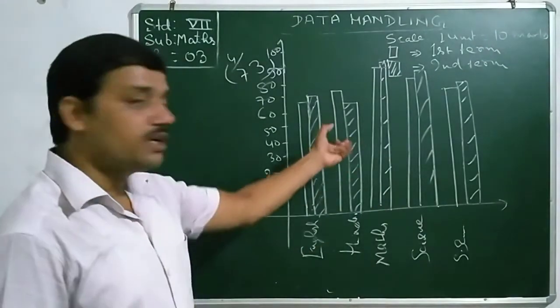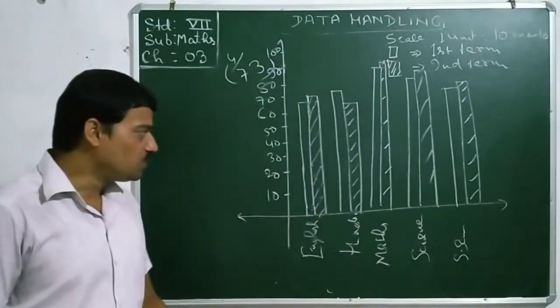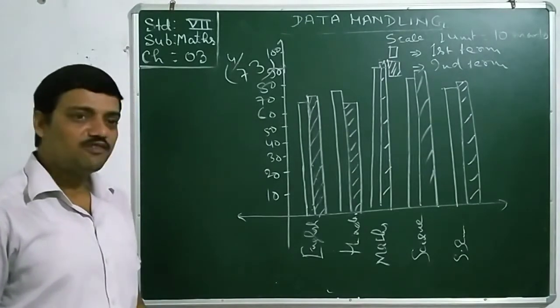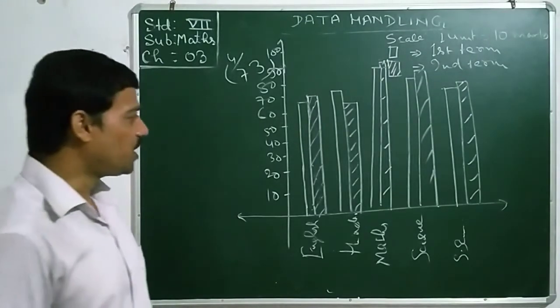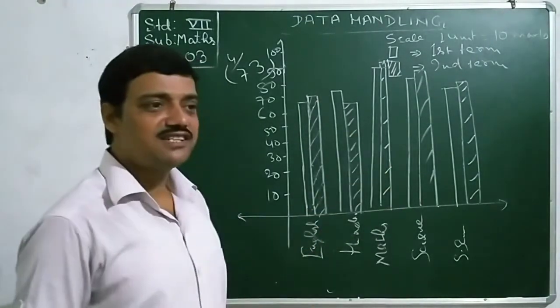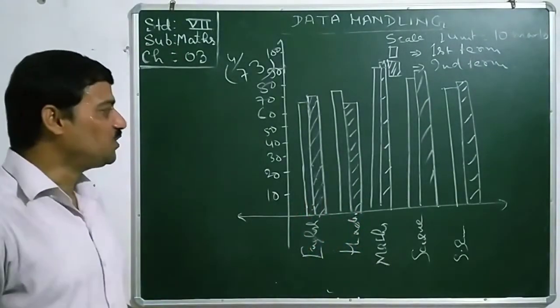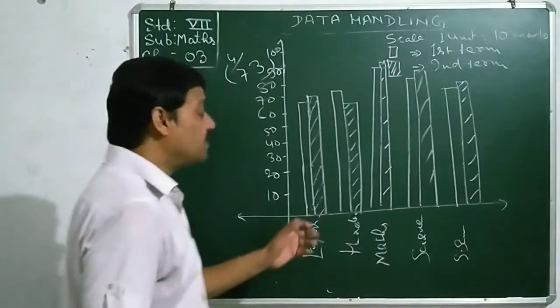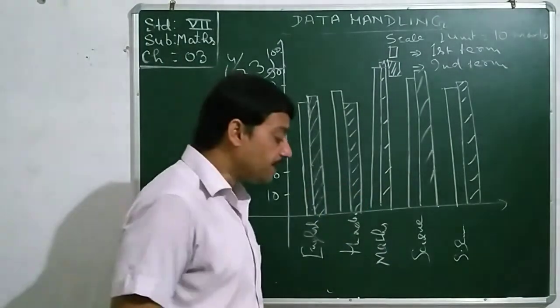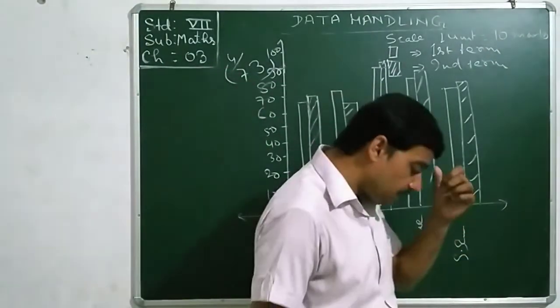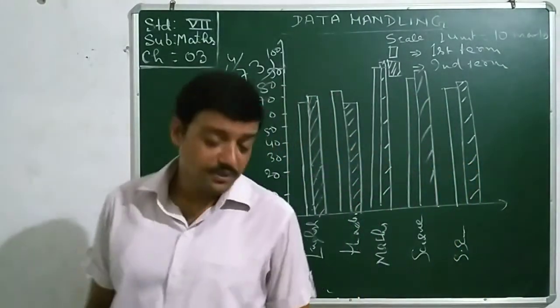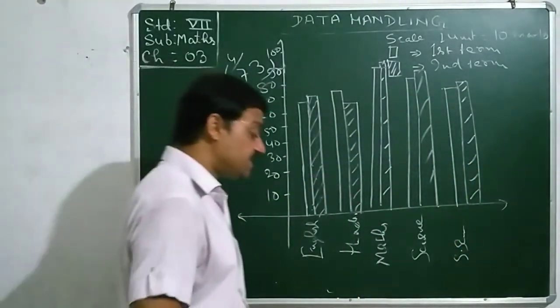If you take your scale and draw in your notebooks, of course it will look more attractive, not like this, as I have got the larger board, so I could not draw it clearly. And after drawing the bar graph, you need to conclude some things from that question.